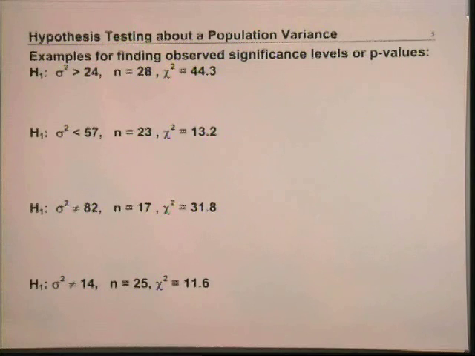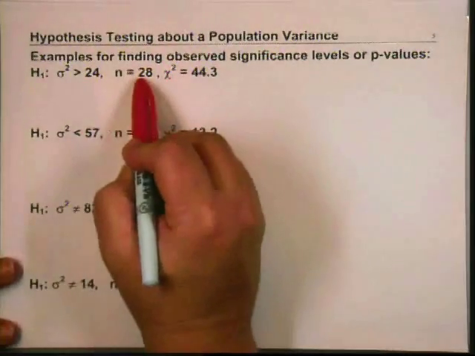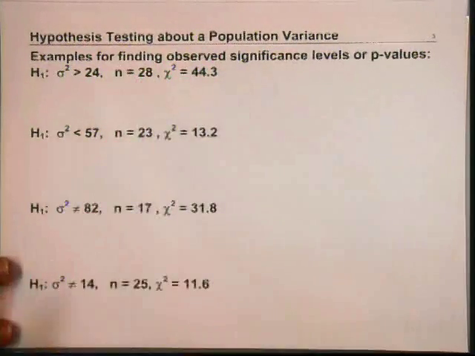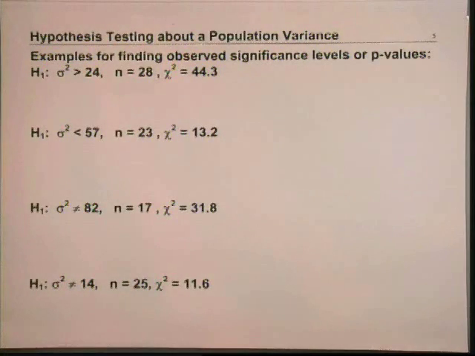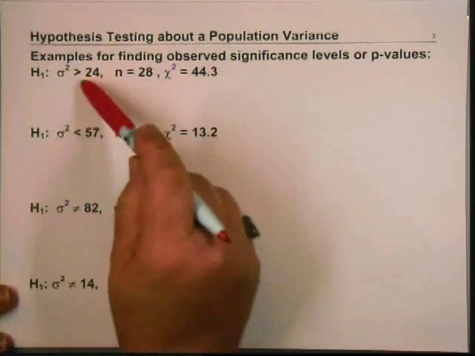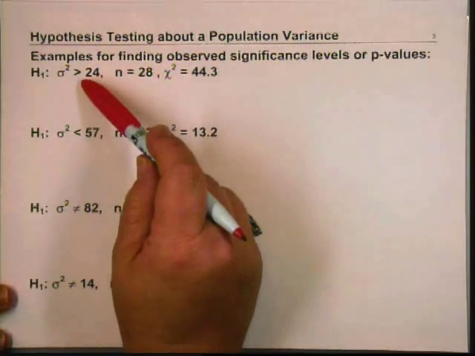All right, so suppose we have an alternative hypothesis that sigma squared is strictly greater than 24. We have a sample size of 28, and we computed chi-square of 44.3. What is our p-value? Right-hand test, right-hand rejection region.